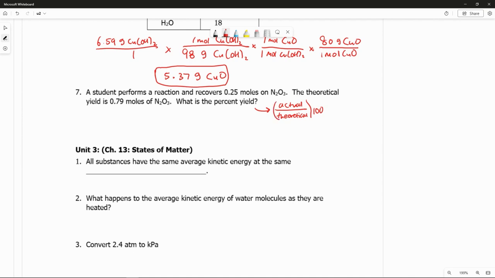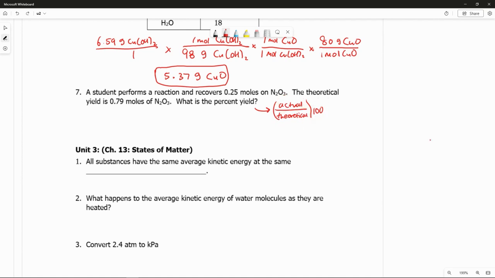If you look on the first page of your study guide, this equation is not given. So you have to memorize that percent yield is the actual over theoretical times 100.